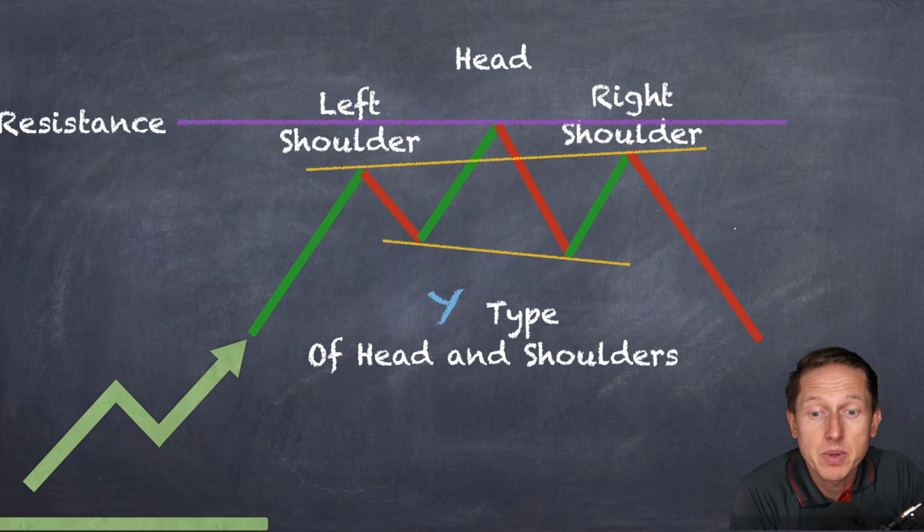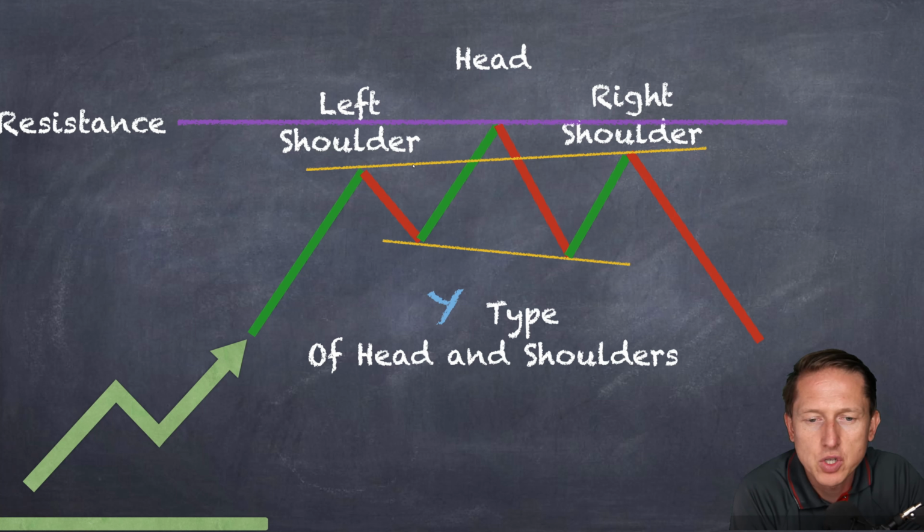Now let's jump into the Y type of head and shoulders. So there is the same scenario. The difference is that our right shoulder is higher than the left shoulder and the neckline on the right-hand side is lower.